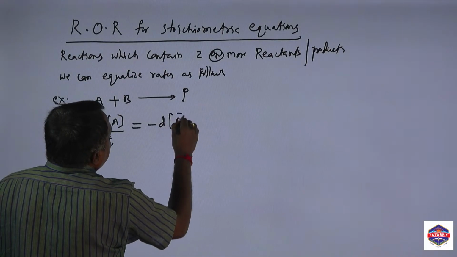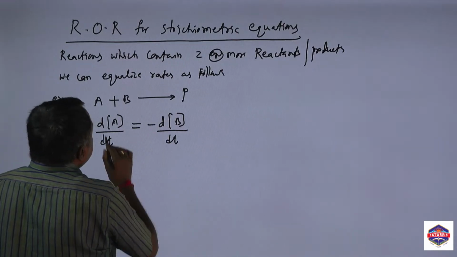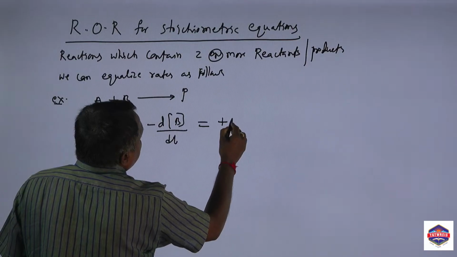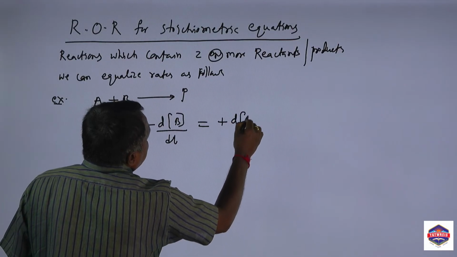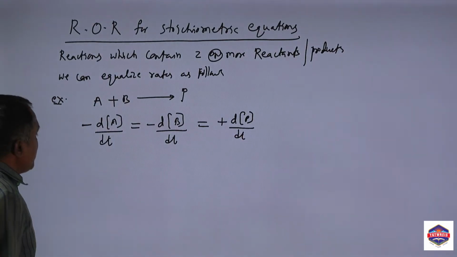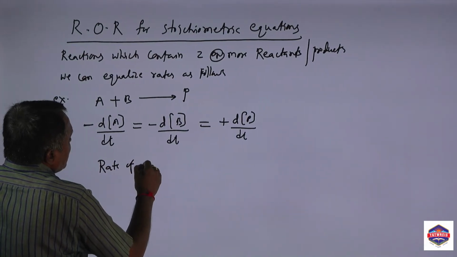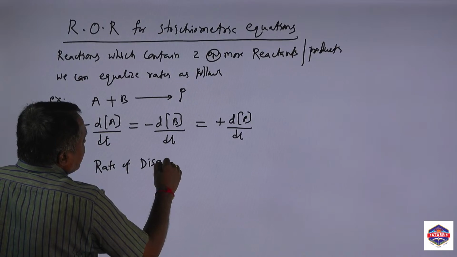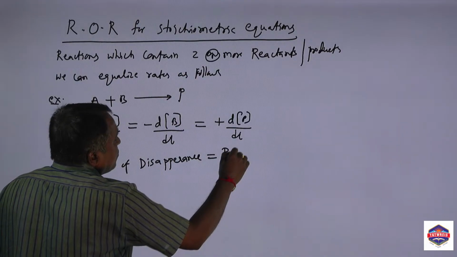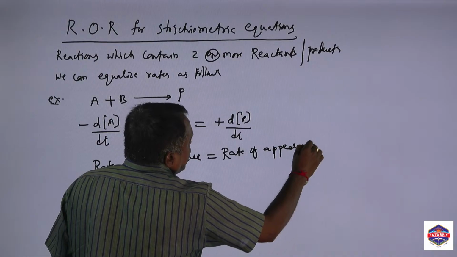This is the rate of reactant B, and these two rates must be equal to the rate of the product, but before dP by dt you place a positive sign. This concept is based on the idea that in any chemical reaction, rate of disappearance must be equal to rate of appearance. Based on this, we can write these rates.